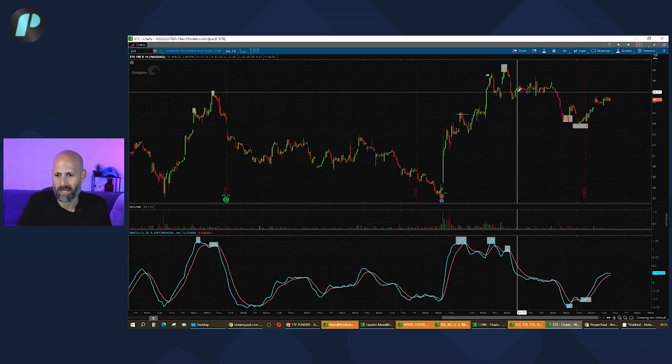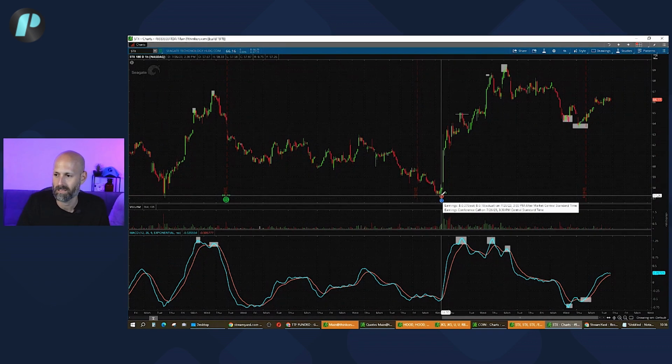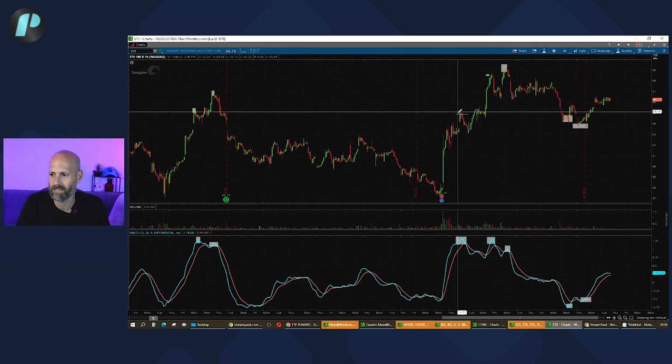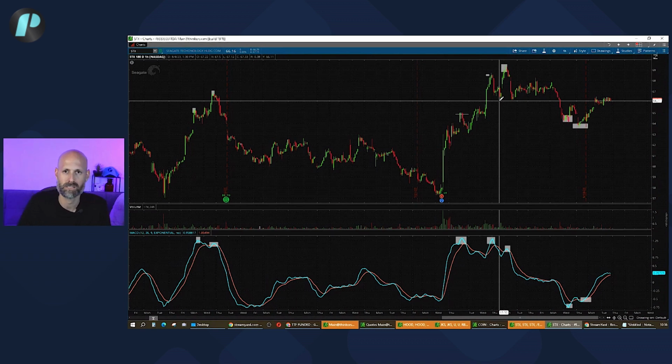Obviously, sometimes you will have crazy moves afterwards, like this one from 67 all the way down to 57. Sometimes you will have smaller moves like this from 67 dropping to 66, right? So there is a lot to understand about how to take a trade, for example, like a buy the dip or a sell the top mode.